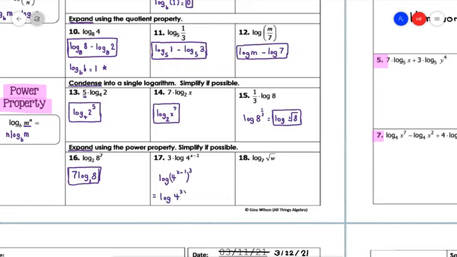So we've got 3x minus 3 as the new power on that log. And now on number 18, remember that the square root of anything is that thing to the 1/2 power. So we have log base 7 of w to the 1/2 power, which would equal 1/2 log base 7 of w.